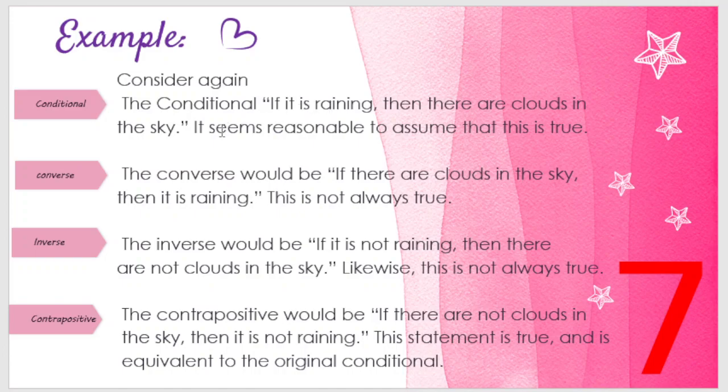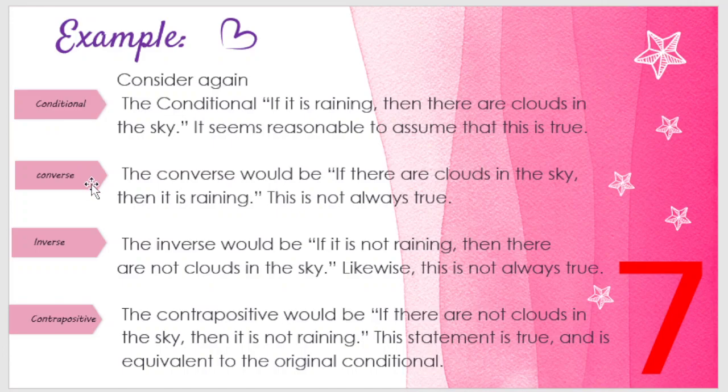It seems reasonable to assume that this is true, because we cannot say that when it is raining, there are no clouds in the sky, no? For the converse, we have: if there are clouds in the sky, then it is raining. This is not always true. We cannot always say that if there are clouds in the sky, then it is raining, no?